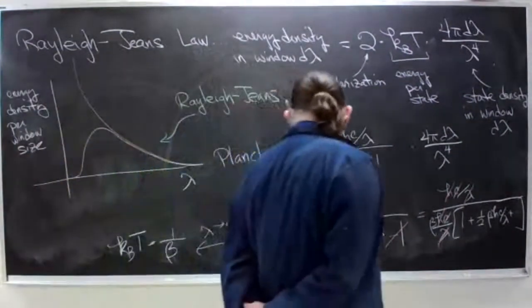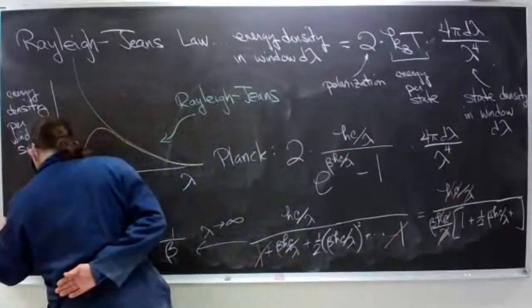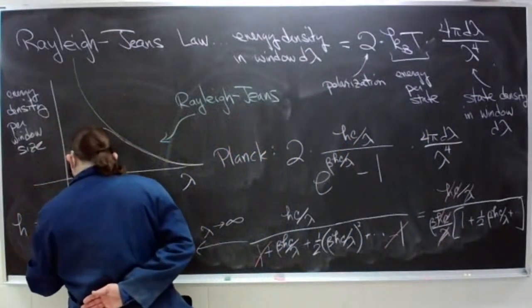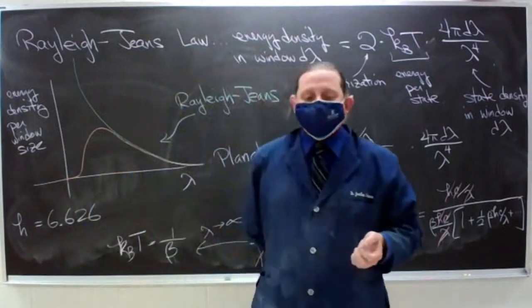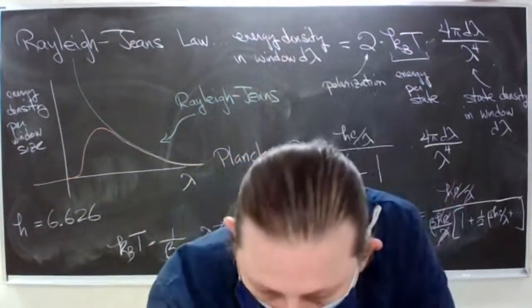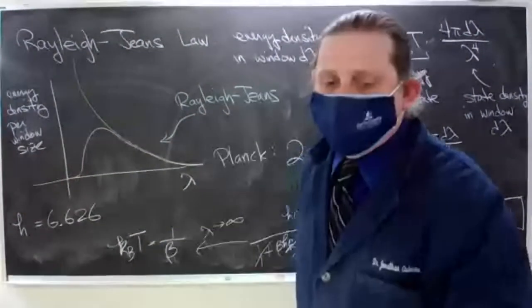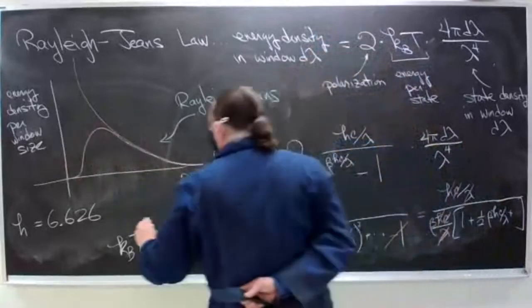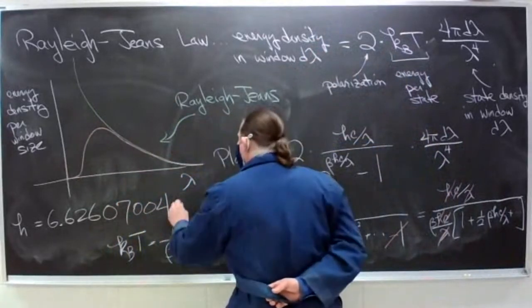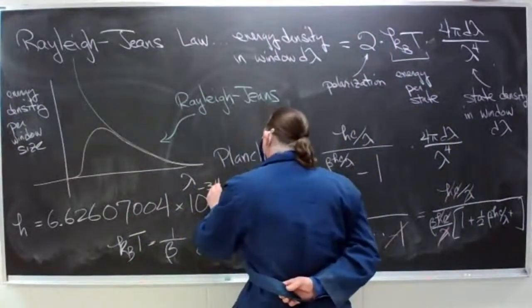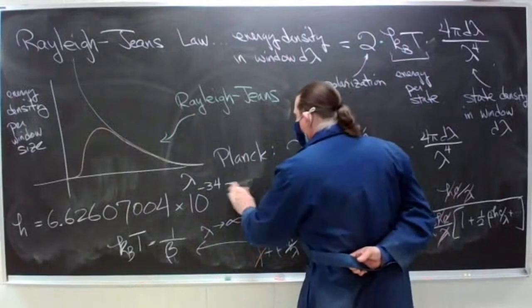All right, and Planck, I don't know specifically what he got, but today, it's about 6.626 times 10 to the minus 34 joule seconds.